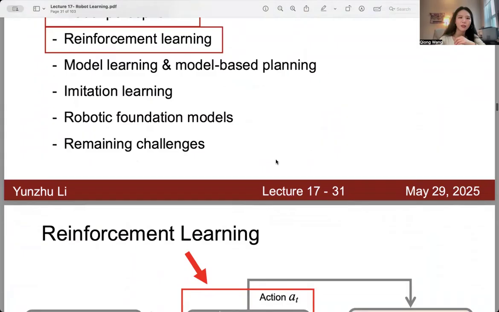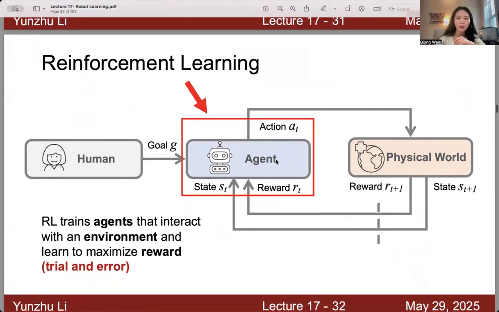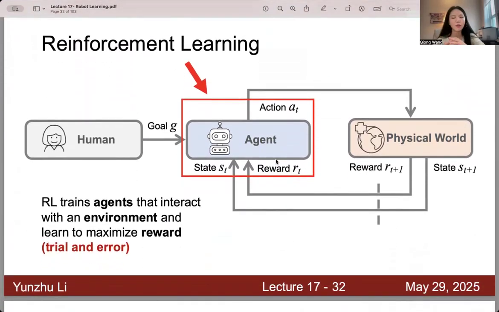Then what is reinforcement learning? Reinforcement learning trains agents that interact with an environment and learn to maximize the reward, the goal.